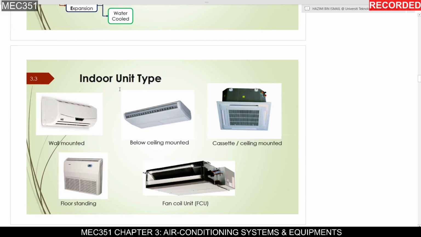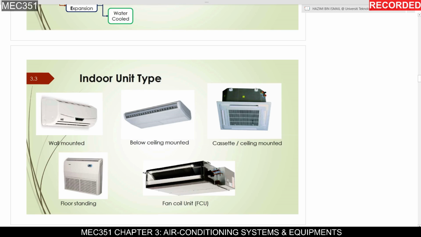So ni yang biasa dekat indoor unit. The normal forms of the indoor units. Okay, wall mounted. This is the very common indoor unit that we found in our house. Below ceiling mounted, this is still on the floor but just below the ceiling, and this is the ceiling cassette.